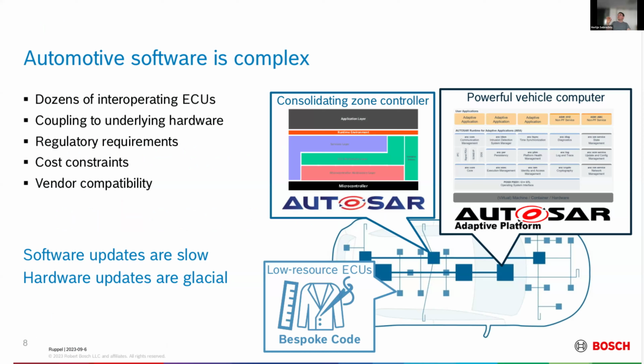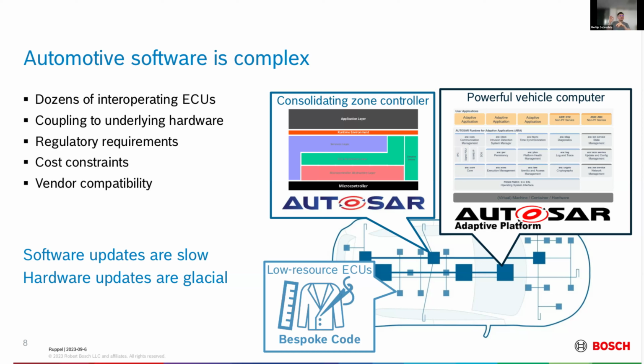Automotive software is incredibly complex. Most cars or all cars have at least dozens of interoperating ECUs. A lot of electric cars can have up to 300 interoperating ECUs. So that's separate computers inside of a car, 300 separate computers.